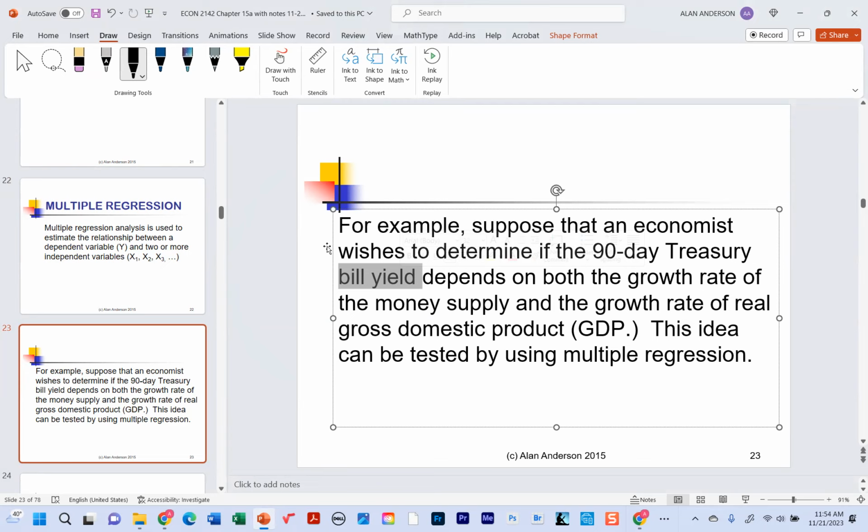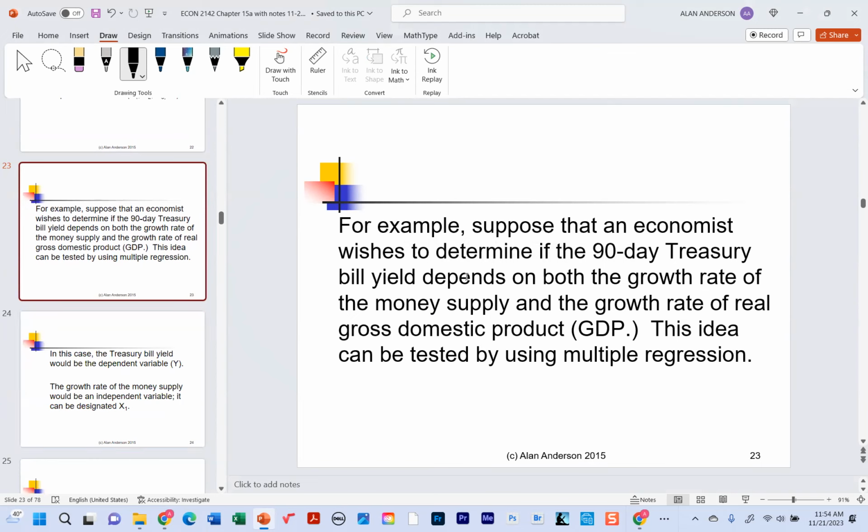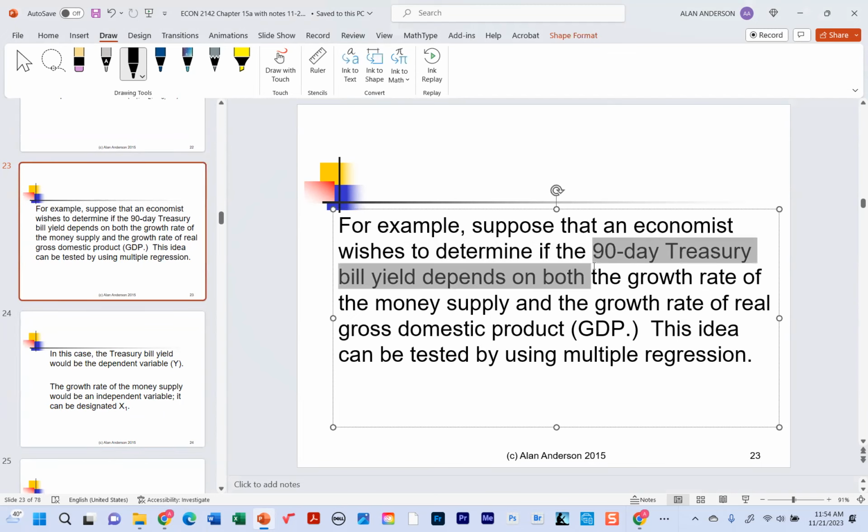But this economist wants to see what is the connection between the treasury bill yield and two independent variables: the growth rate of money, the money supply, and the growth rate of the real GDP, or the overall economy. So that means that you've got one dependent variable, of course. There's never going to be two dependent variables.